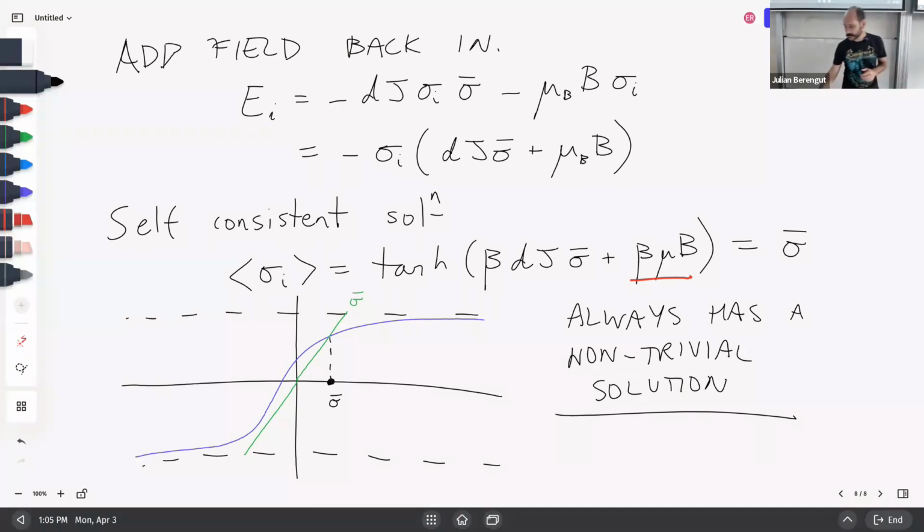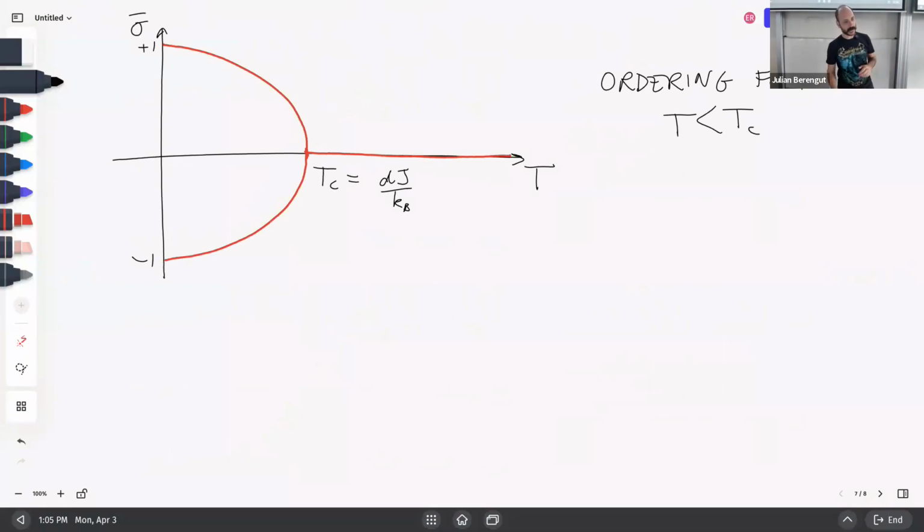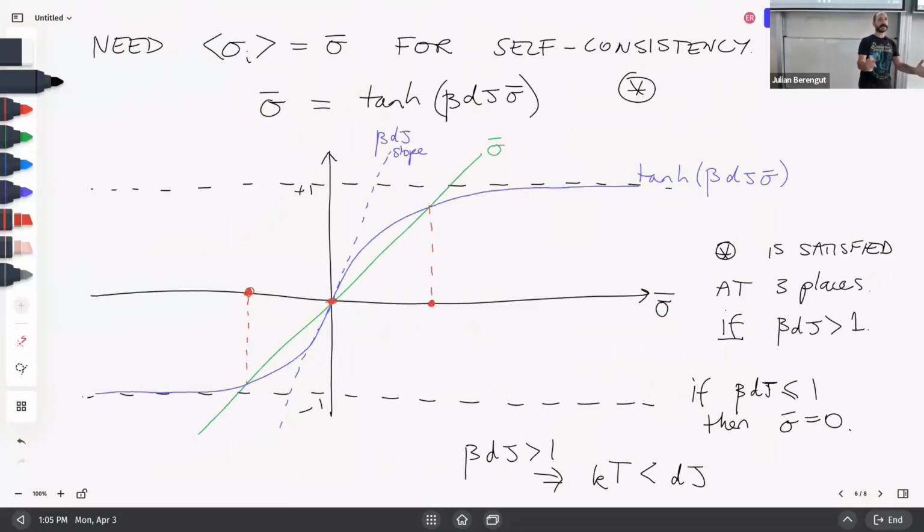So basically what you're doing is you're taking this curve here and moving it a little bit to the left. If you move it a little bit, you might get 3 solutions. You might get 2 solutions. You might only have 1 solution. And the stability of all of those is not exactly obvious. That rightmost one will be stable, but there may not be a negative energy solution. There'll always be that right-hand solution.